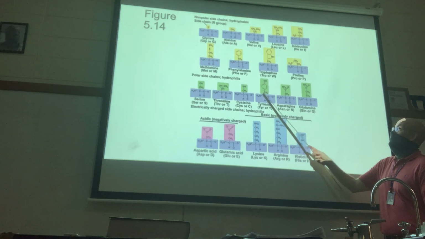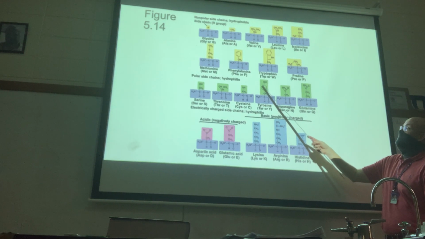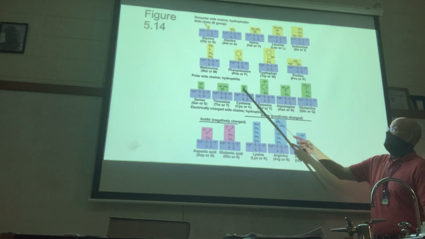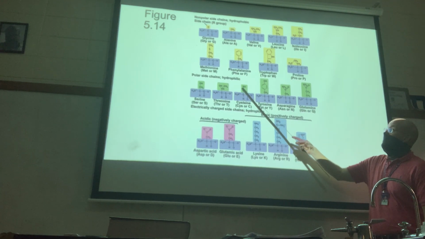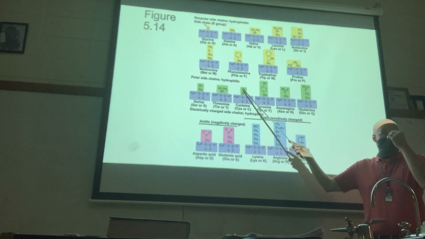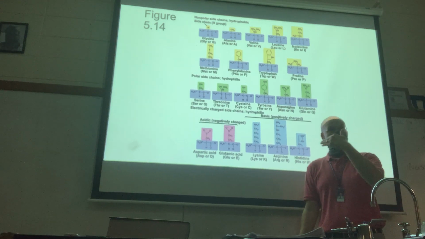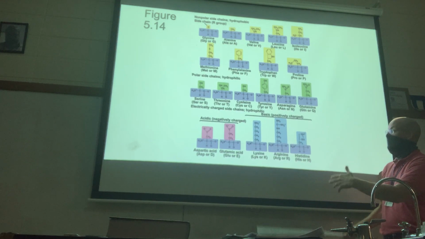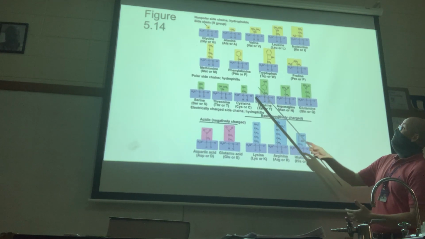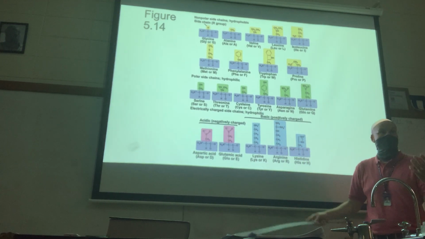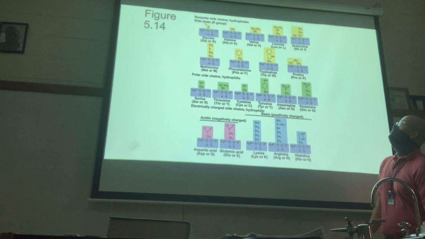But there are some with more complex atomic rings, and even some, like cysteine here, that has the element sulfur. When we talked about CHOPINS, we had sulfur as a sixth element that you find in all living things. It's because of amino acids like this that you find sulfur in almost all living things.